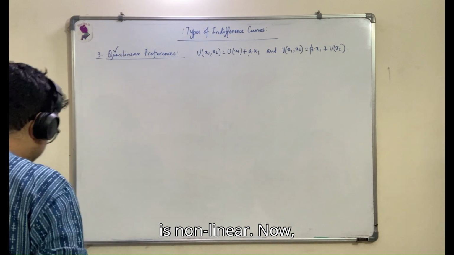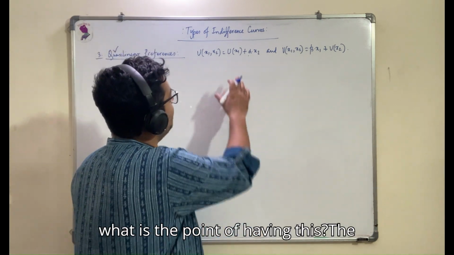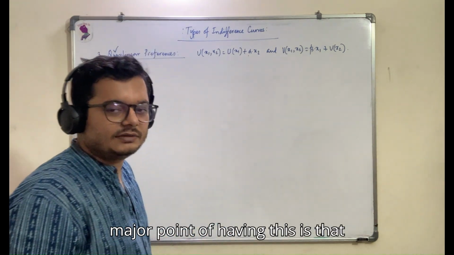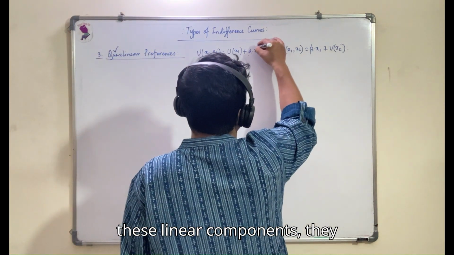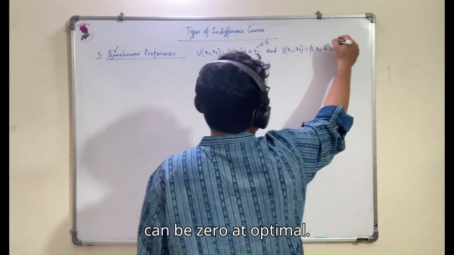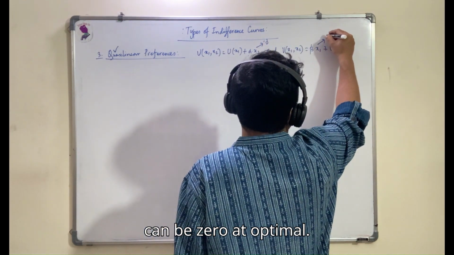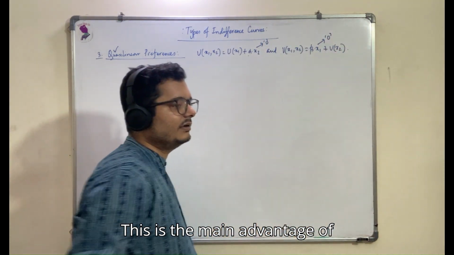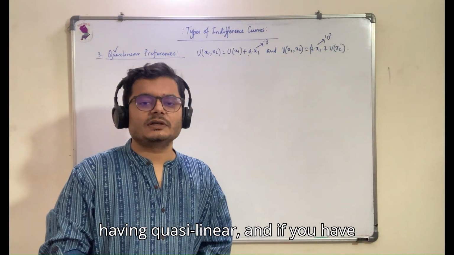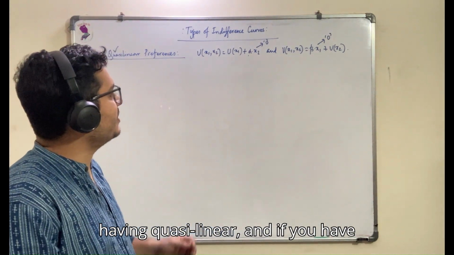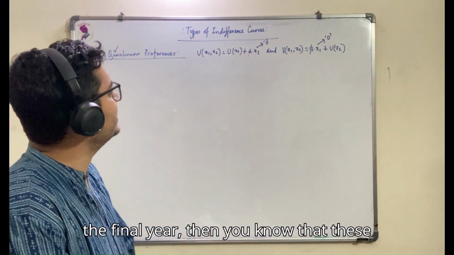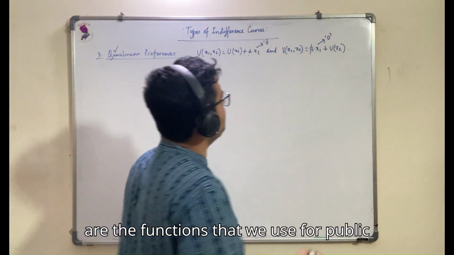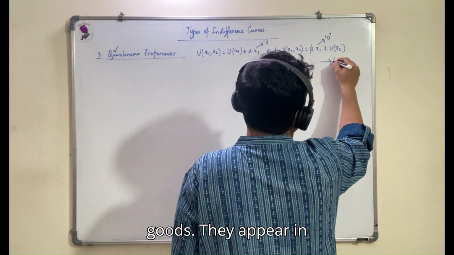Now, what is the point of having this? The major point of having this is that these linear components can be 0 at optimal. This is the main advantage of having quasi-linear. And if you have studied further already, or if you are in the final year, then you know that these are the functions that we use for public goods.